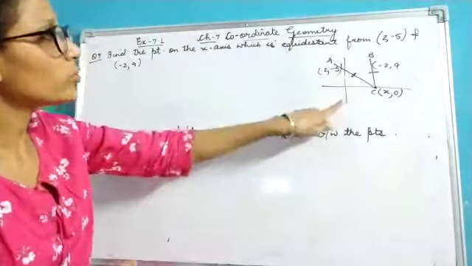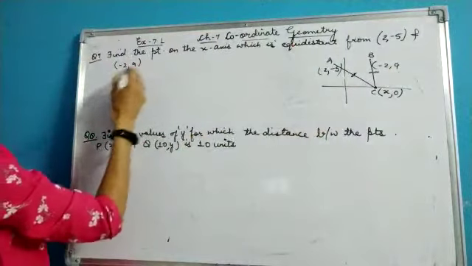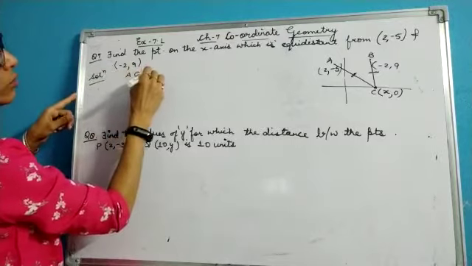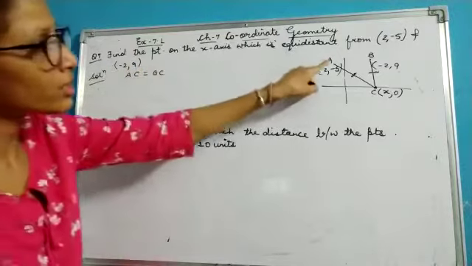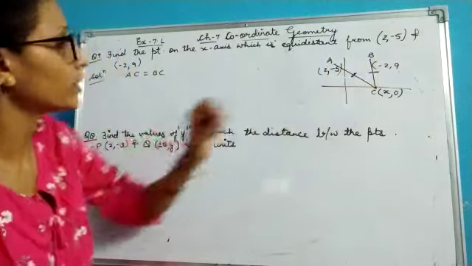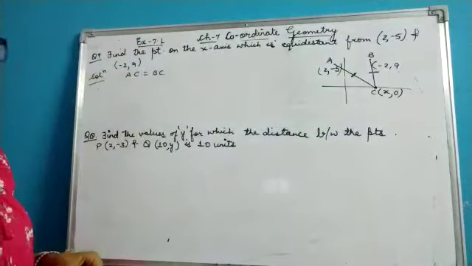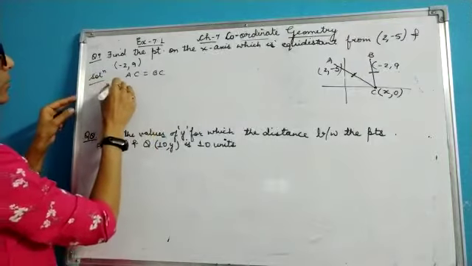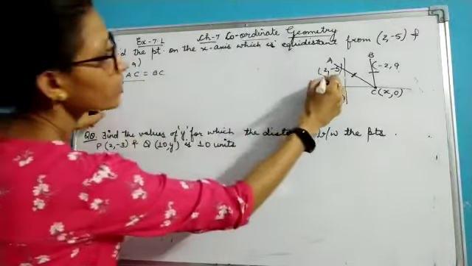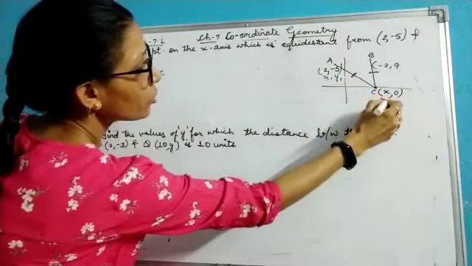So what is given in the question is that AC equals BC. The distances of these 2 points are same from this point. That's why I have written AC equal to BC. So let's write down the values over here. AC is the distance. So say this is your x1, y1 and this is your x2, y2.